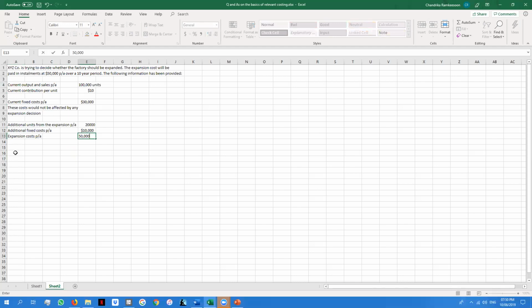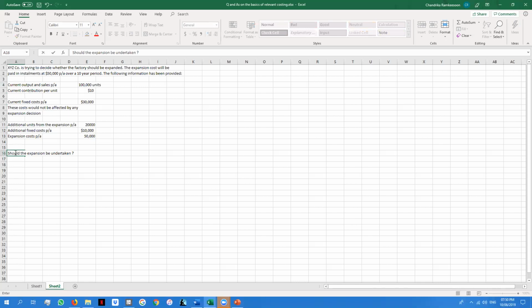Right, and the question is this: should the expansion be undertaken? Now, using the information given, we will now decide whether the expansion should be undertaken.